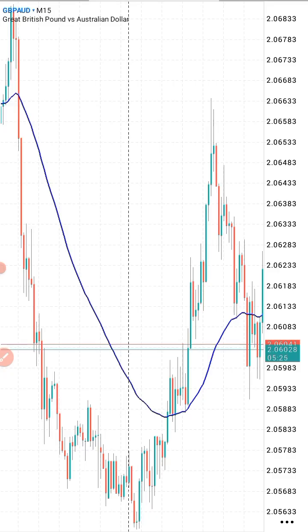Now there is what we call acceleration and deceleration. We need to understand the importance of moving average slope, acceleration and deceleration. The moving average tells us if momentum is building or momentum is dying.